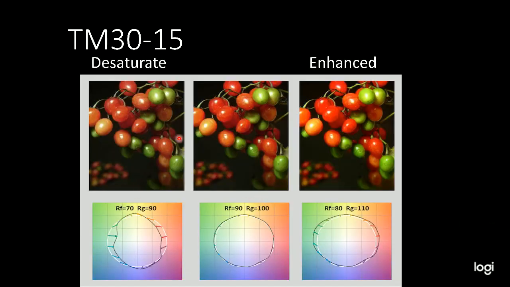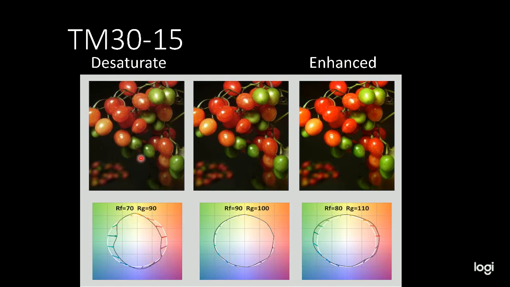If we look at desaturated versus enhanced, TM30 is represented as a graph, and it's typically in reference to its red and green properties, and how accurately it produces those and how completely it fills in that spectrum. Here is a lower TM30 value, especially on the red and the green, that's not able to fully fill in these colors.